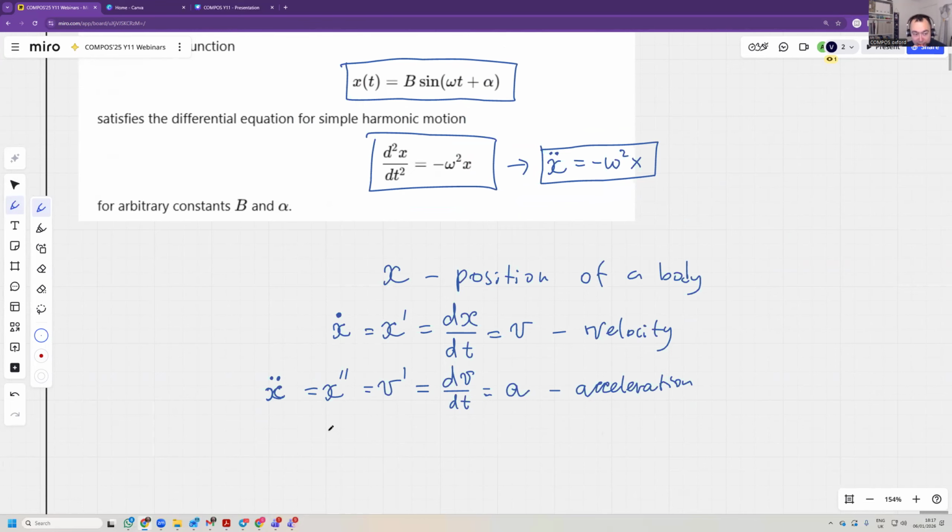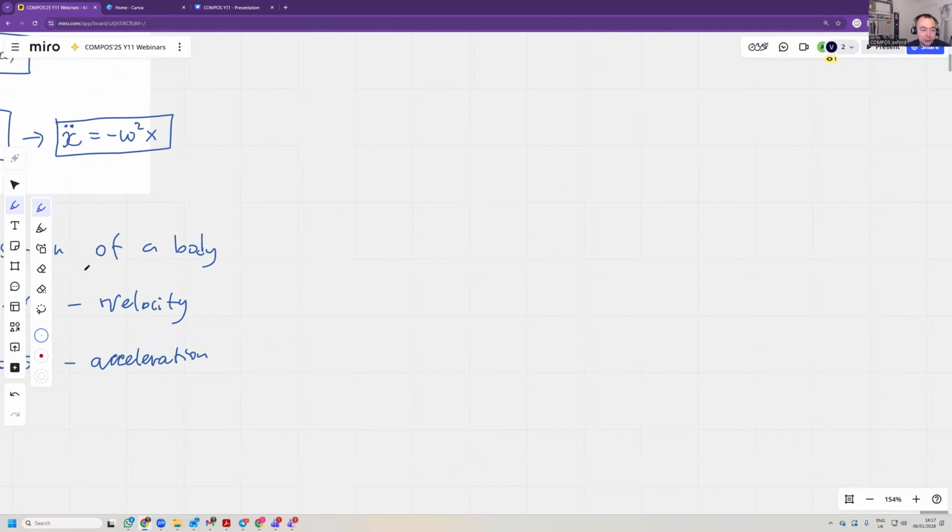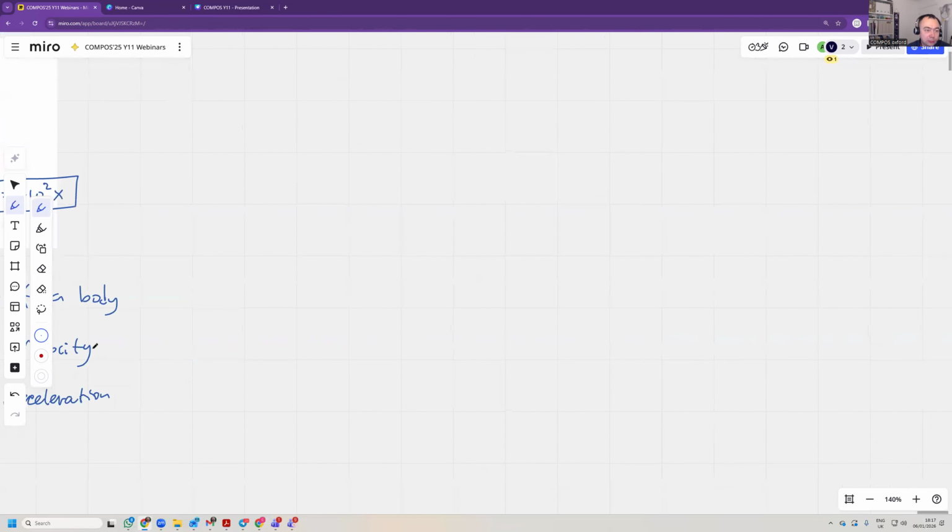Okay? So, for example, y double dash is minus 9y. This is a differential equation. Why is it a differential equation? Because it contains a derivative.